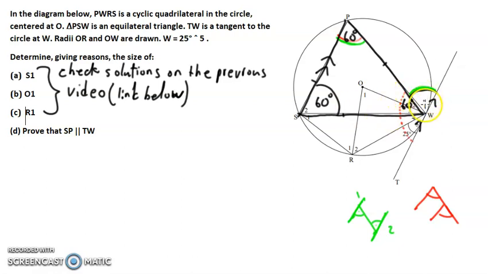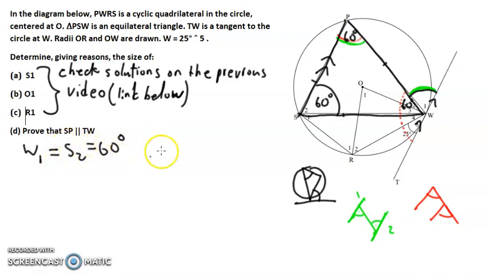The reason W1 is equal to S2 is because of the tan-chord theorem. The tan-chord theorem is like this. So basically, you have this angle here, it's going to be equal to that angle there. So we're going to first say W1 is equal to S2 is equal to 60 degrees because of the tan-chord theorem.